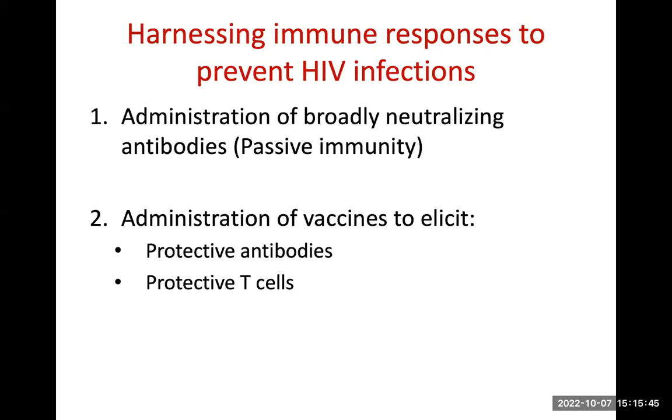And of course, now the advantage of the other strategy, the vaccines, is that if you work backwards from those broadly neutralizing antibodies to determine which kind of protein can elicit them, can instruct the immune system to elicit them, that means that you can just administer that antigen to the person, and the immune system of that person will generate antibodies against that antigen, or also T cells, depending on the immune cells that are participating in that immune response.